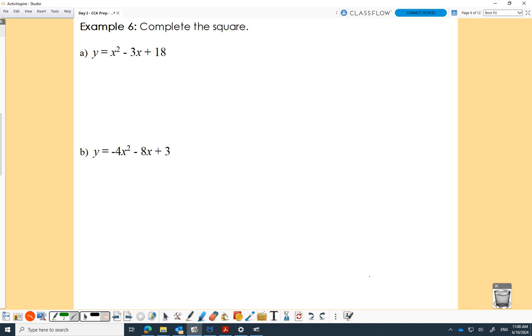Either your brain goes, wait a minute, I remember something about this, or you're like, wait a minute, I don't remember anything about this. And you're listening carefully. Yes. Completing the square has a magic number that helps. How do we find the magic number that helps?